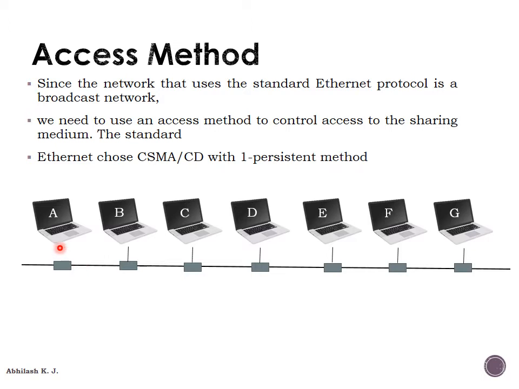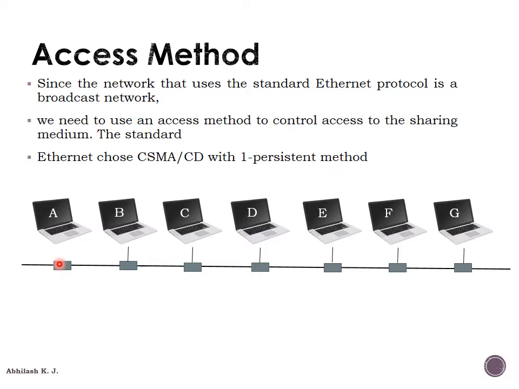So here station A continuously senses the medium, and if there is no signal energy on the medium, it means that none of the stations is transmitting, thus the medium is idle. So it starts sending the frame according to the one persistent method. On the other hand, if the signal level is not zero, that means one of the stations is already sending a frame in the medium.